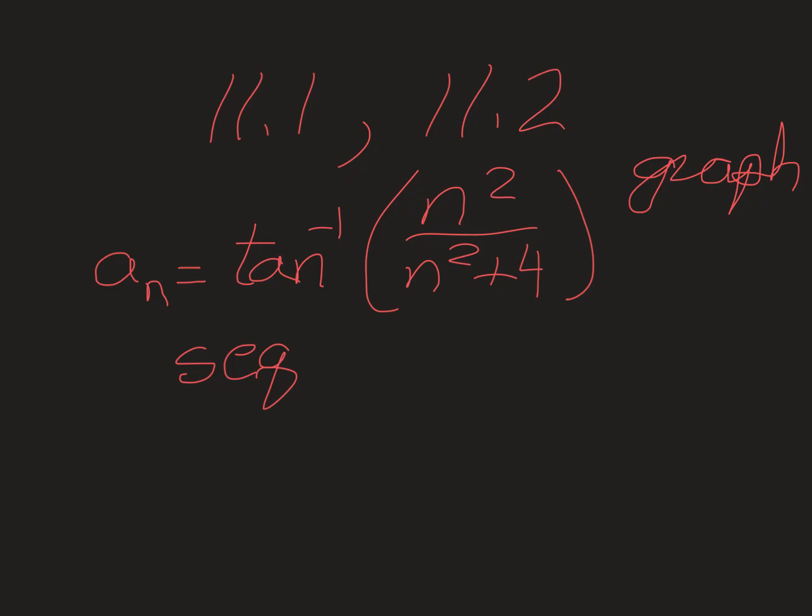And essentially you would get something that looks like this. At 1, you'd have a value, and then another value, and another value, and it kind of looks like this will level out according to whatever that line is.